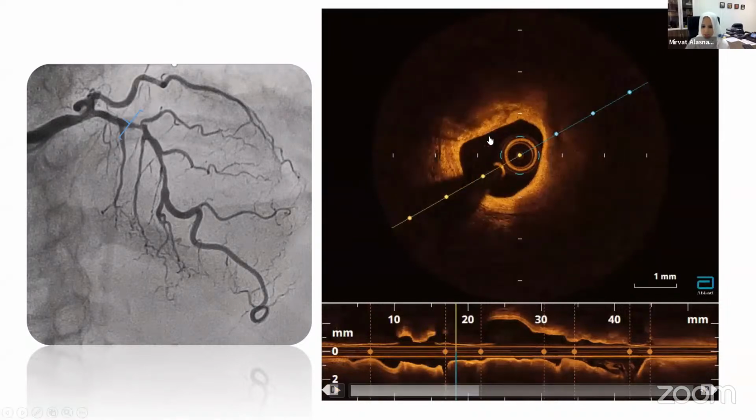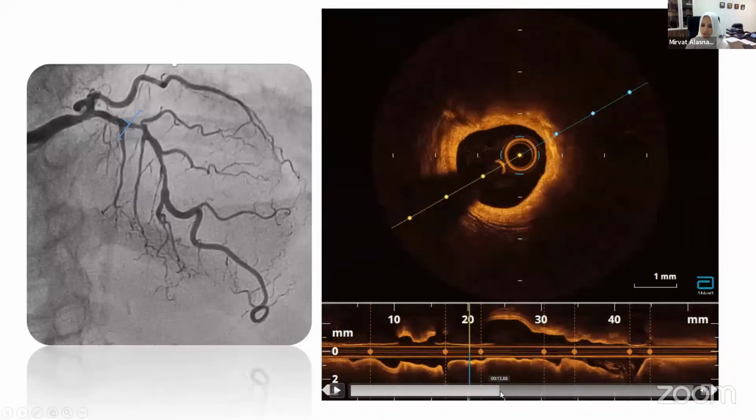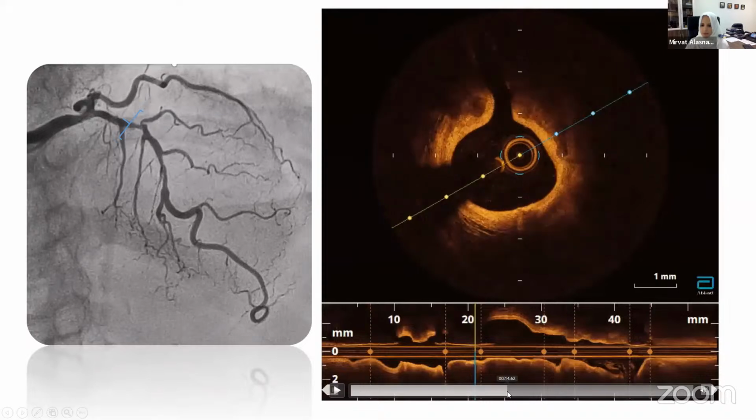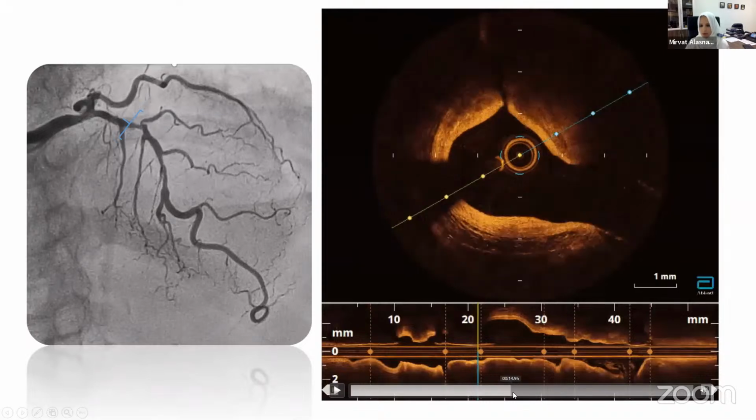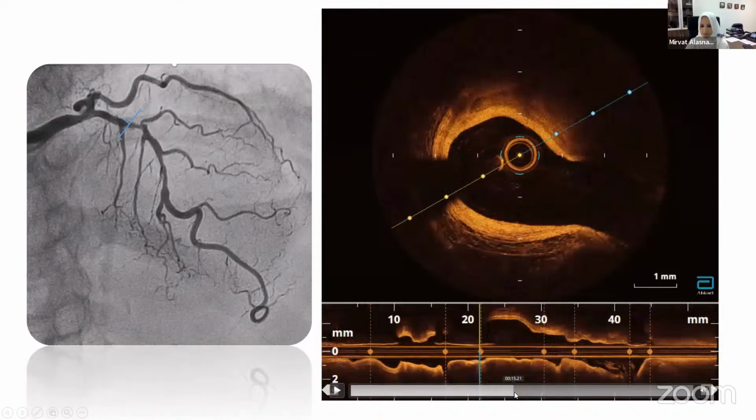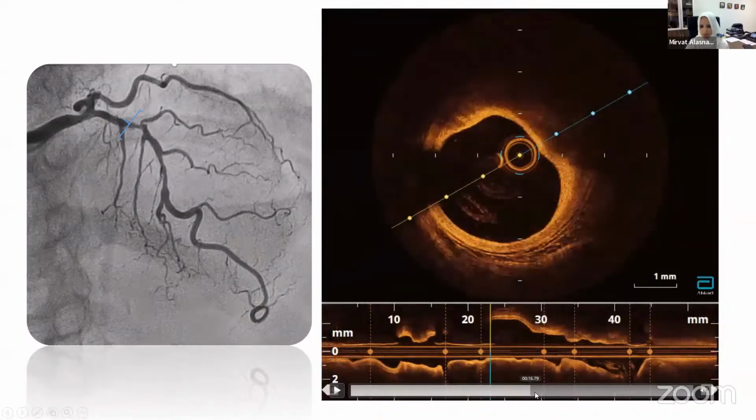And what you can see is from around 10 to 12 o'clock, there's some calcification. And if I just keep scrolling, you're going to see more calcification in that area, but it's not a very large arc of calcium. You see the bifurcations coming in of the branches, whether it is the septal branches or the diagonal branches.